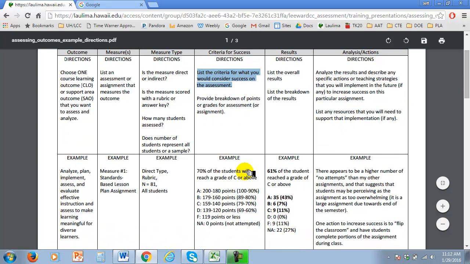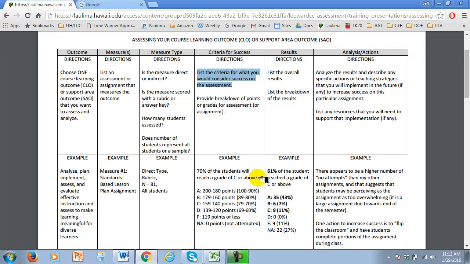What's nice about this is that you can determine this. So for purposes of the example, this is arbitrary, but I chose that 70% of the students will reach a grade of a C or above. You could have chosen 80% or 60% or whatever you felt that your line of learning is.